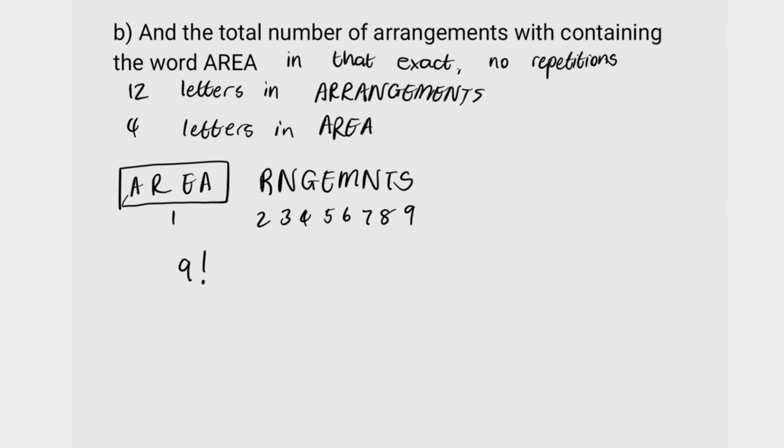If there were repetitions, that would be a whole different story. This would still count as one letter, but then each one of these would be the number of unique letters that there are in the word. But that's something else.